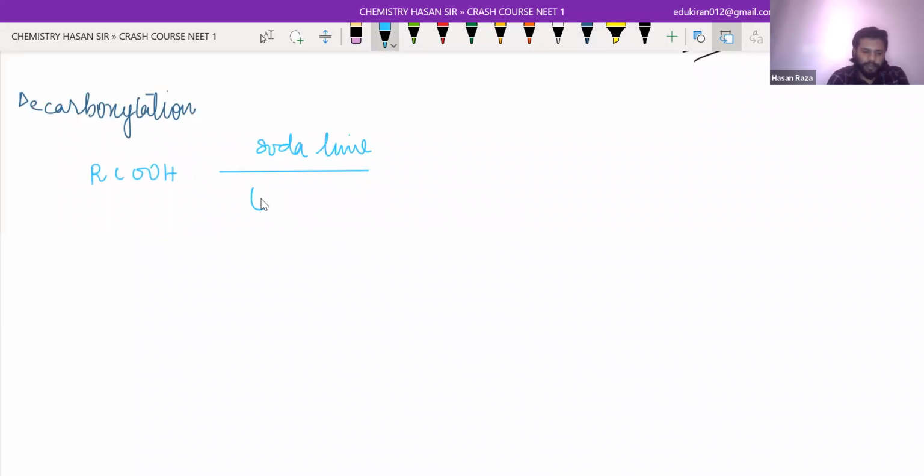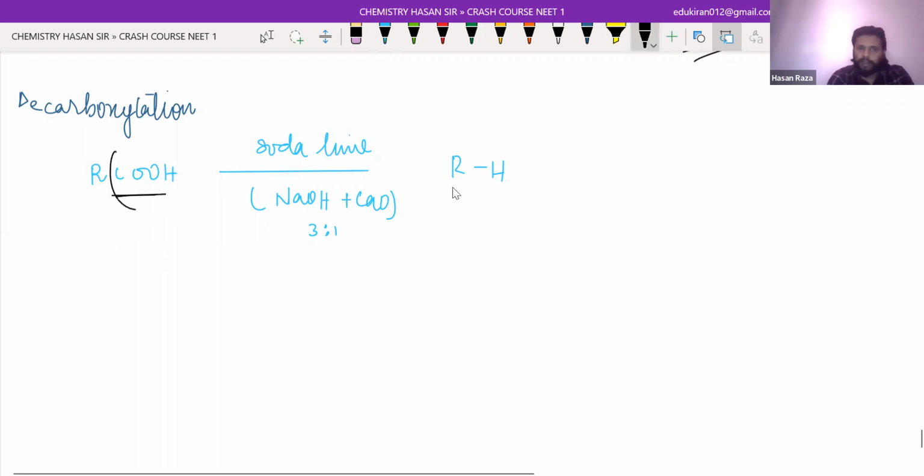Soda lime is basically a mixture of sodium hydroxide with calcium oxide, in the ratio of 3:1, 3 for NaOH and 1 for calcium oxide. Then you will get RH. Basically CO2 will be eliminated and H will be connected here. So you will get an alkane or hydrocarbon.